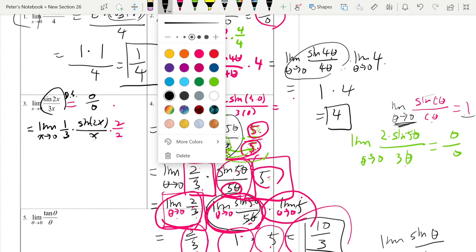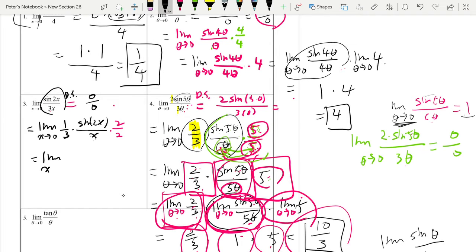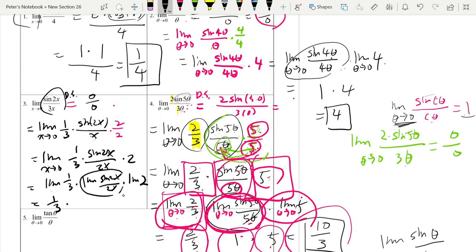Now you're going to get limit of 1/3 times sine of 2x over 2x times 2. I'm just going to omit the x approaches 0. We're going to assume that we know that. Sine 2x over 2x times limit of 2, which will give you 1/3. That whole thing is actually 1 as x approaches 0, right? And then times 2, and you'll be left with 2/3 for that one.